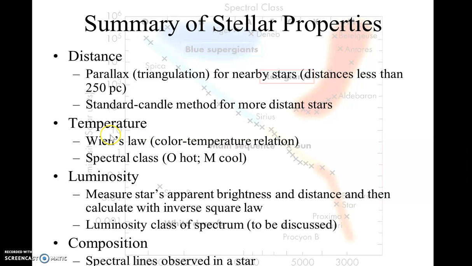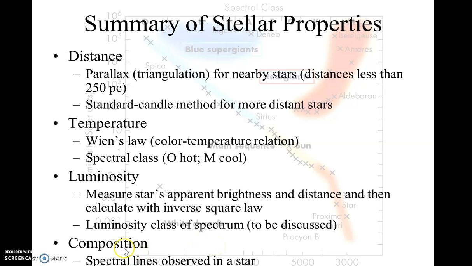Wien's law, which we've used multiple times, allows us to measure the temperature of stars. Remember, the stars are classified. The luminosity is a measure of the star's apparent brightness. And then, once you have what's called the absolute luminosity, you can use the inverse square law, I've been saying this over and over again, to figure out distance. That's called the method of standard candles.